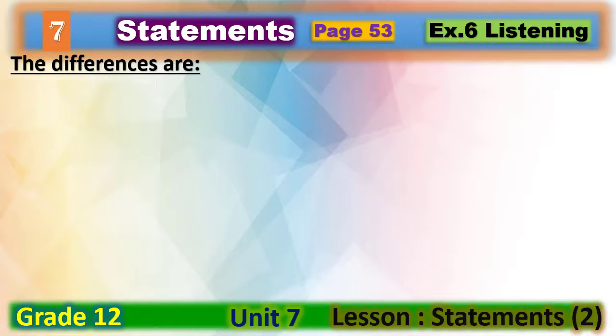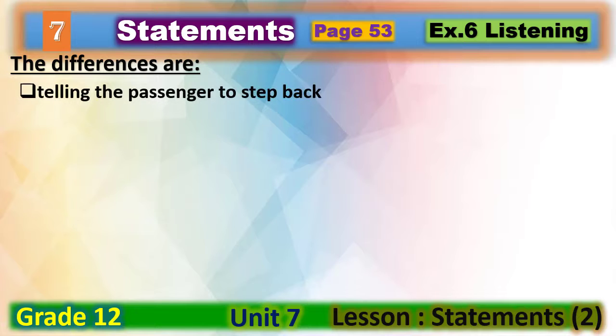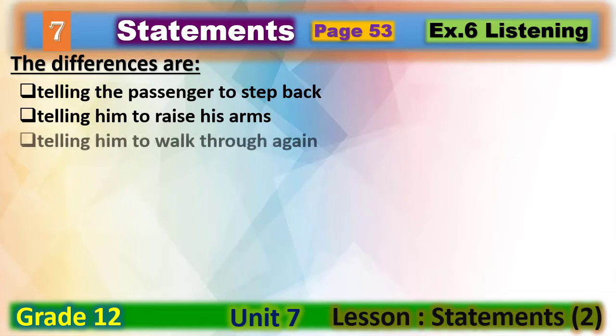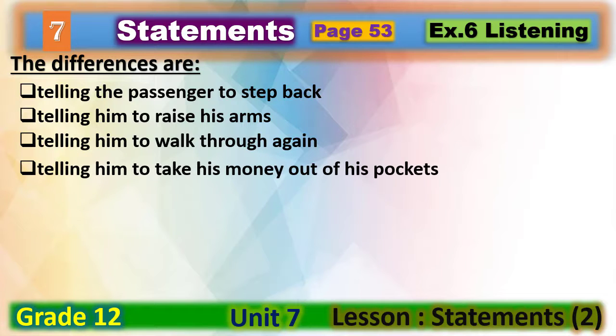Now let's have a look at some differences. Telling the passenger to step back. Telling him to raise his arms. Telling him to walk through again. Telling him to take his money out of his pockets.